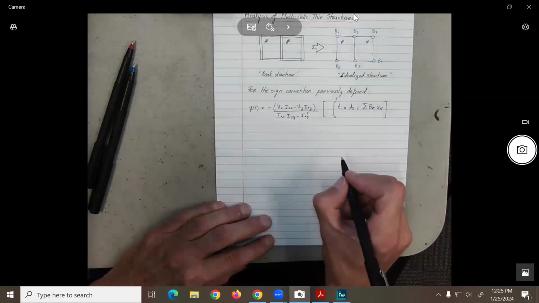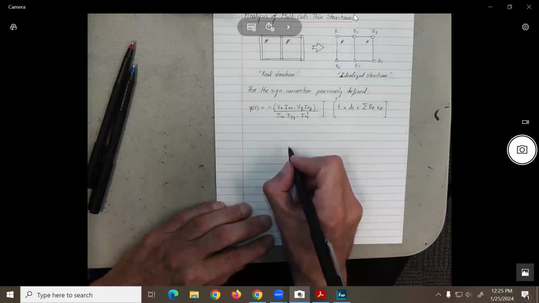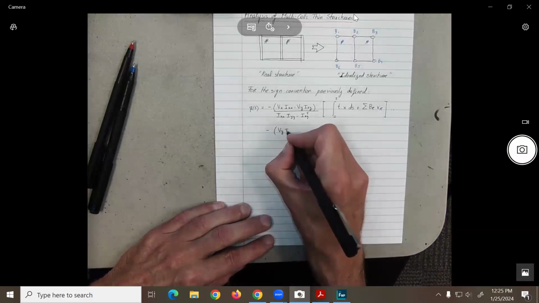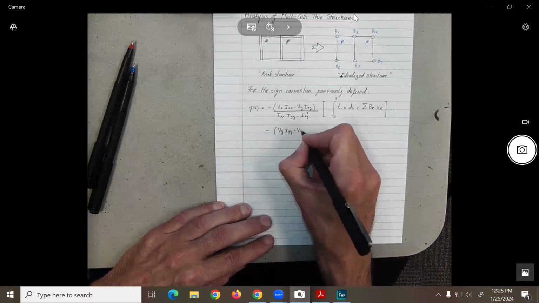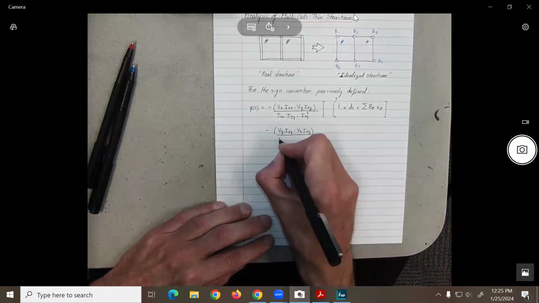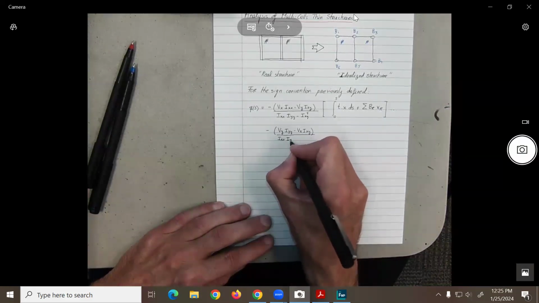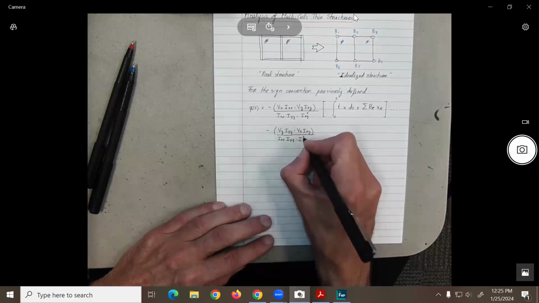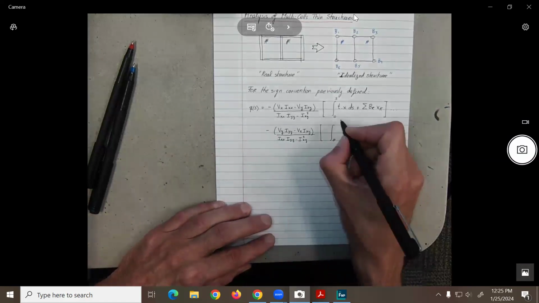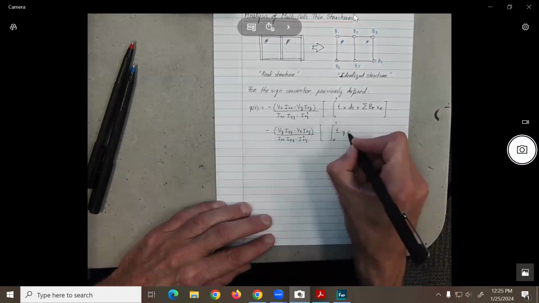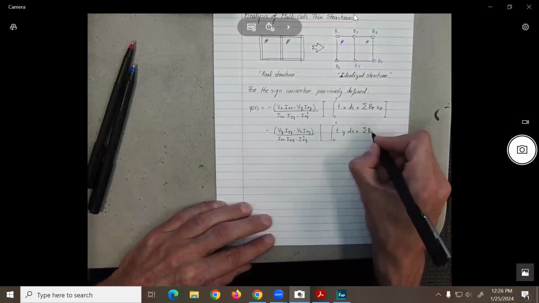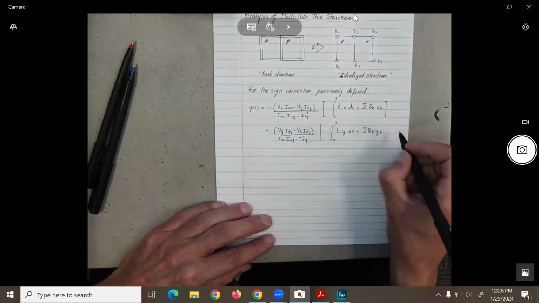So continuation: minus Vy Iyy minus Vx Ixy, divided by Ixx Iyy minus Ixy squared, times the integral from 0 to s of t y ds, plus the summation of B sub r, y sub r.